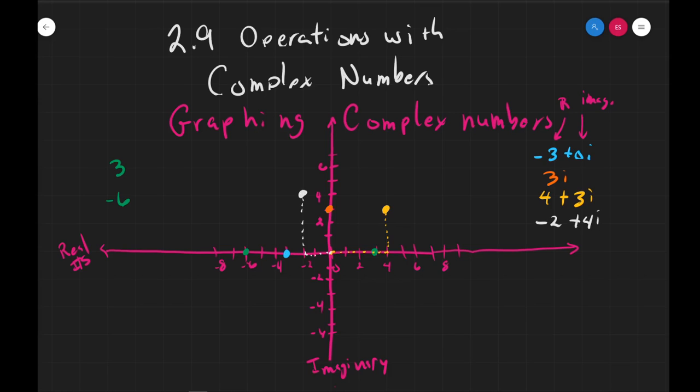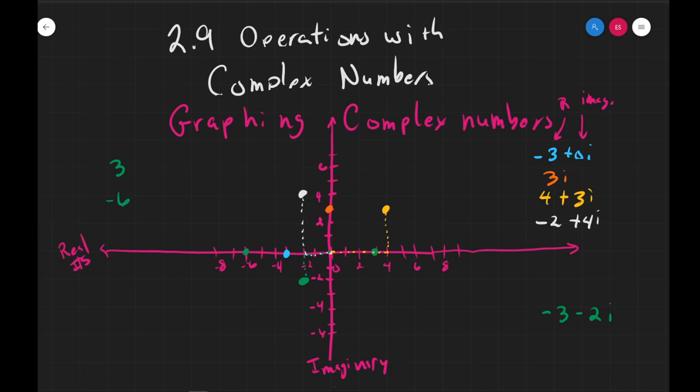All right? So on your own, I want you to graph a number for me. I want you to graph the number -3 minus 2i. Okay? Where would that guy live on our plane? Same idea.